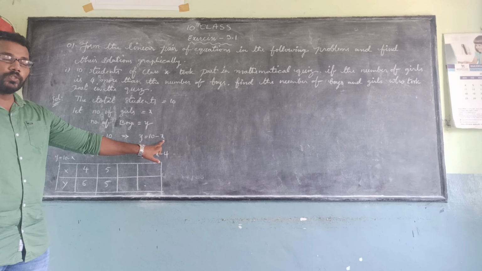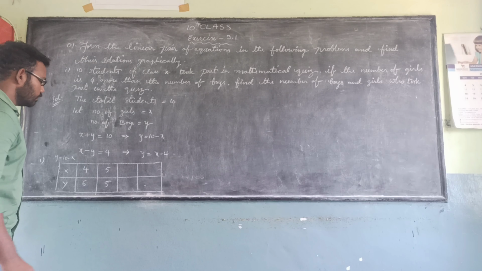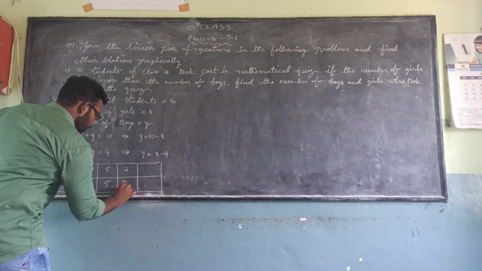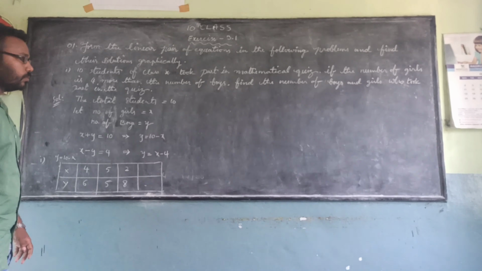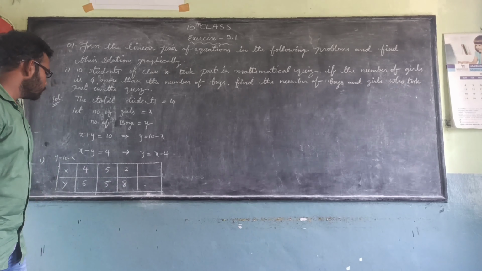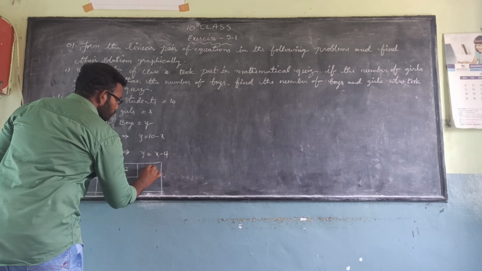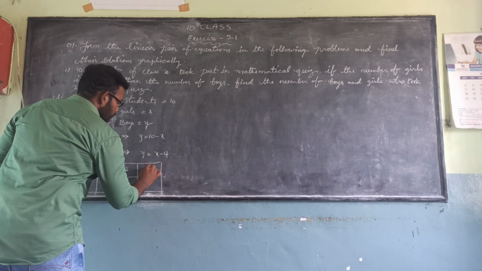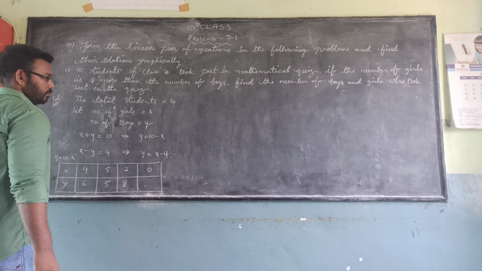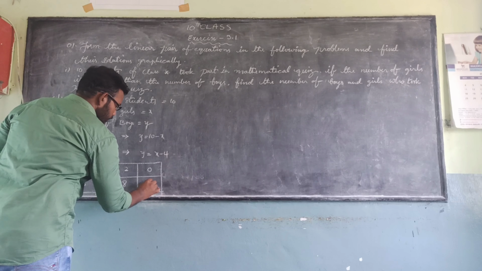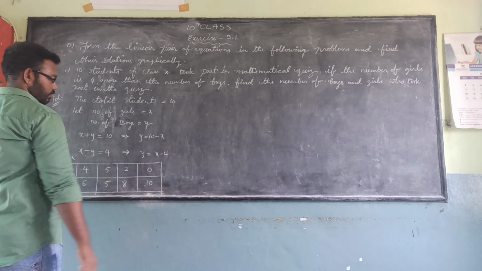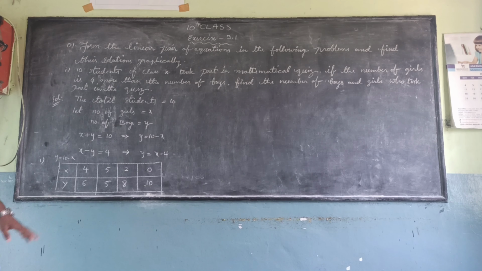If X is equal to 2, 10 minus 2 is 8, so Y is 8. If X is equal to 0, Y is equal to 10. This is the tabular form.